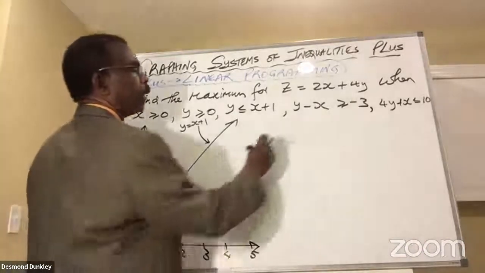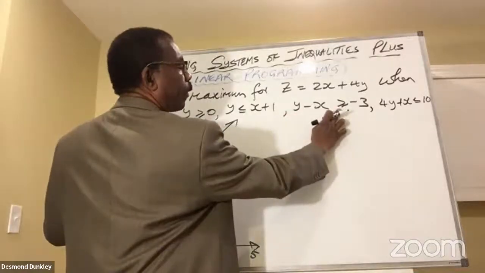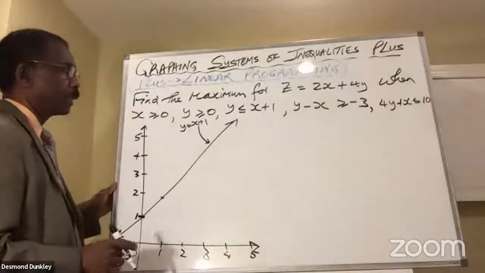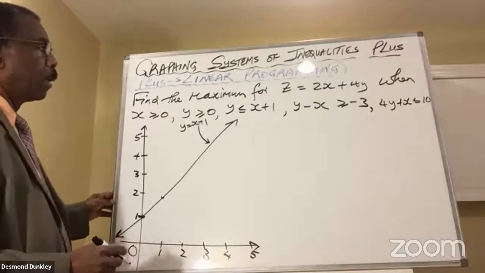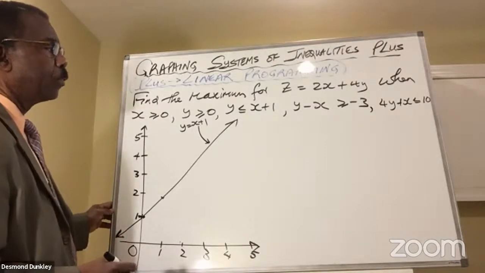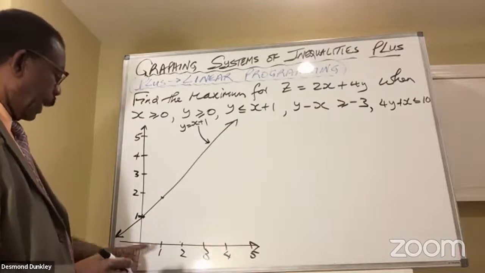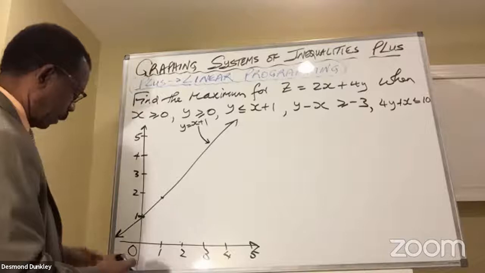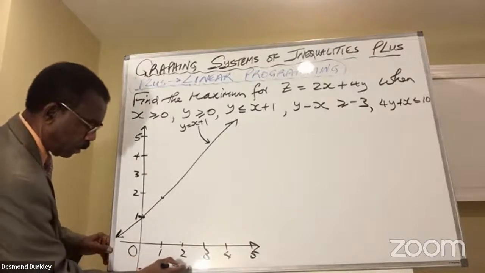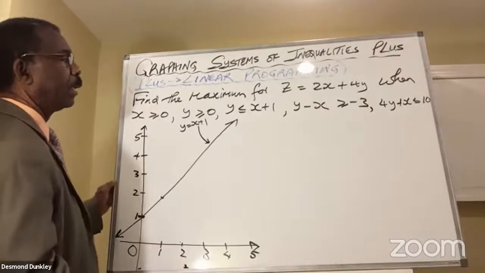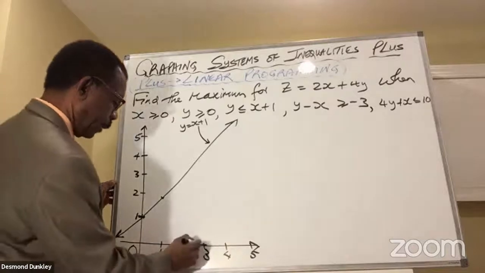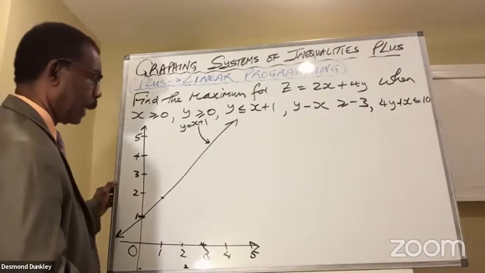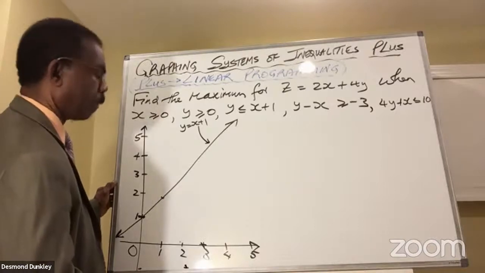So now we go. y is greater than or equal to x minus 3. Okay, so what I'll do is when x is 2, y is going to be -1. When x is 3, y is 0. So let's go here. When x is 4, y is 1.